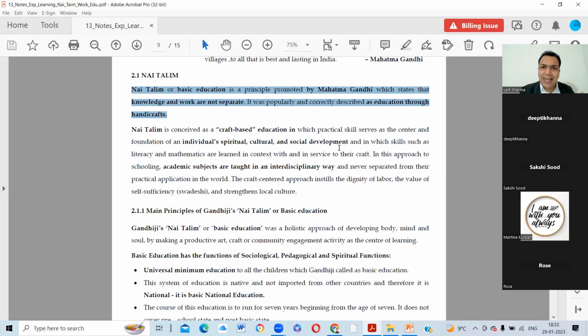Why has the topic been added? How do I have to teach the student? I'm not here to finish the syllabus by pouring it into the mind of the student. The main job of a teacher is to bring about the complete development of the personality of the student. You should keep this in mind. You have become the teacher.